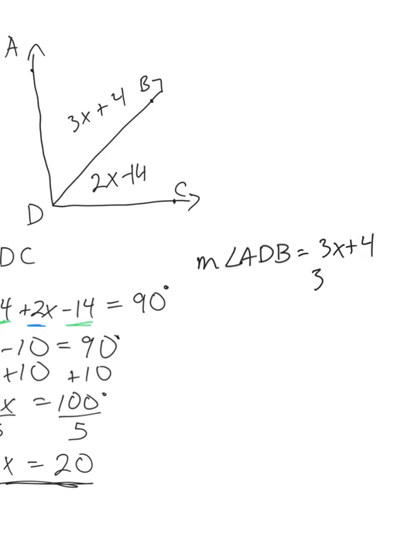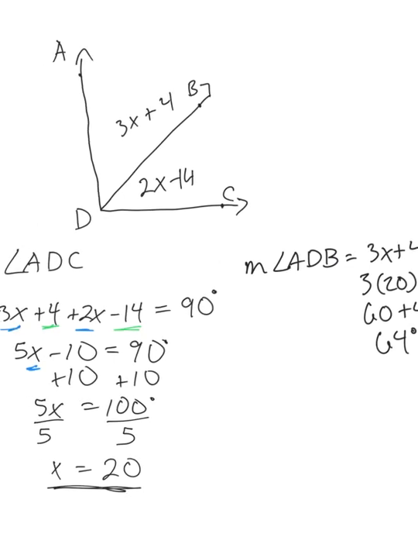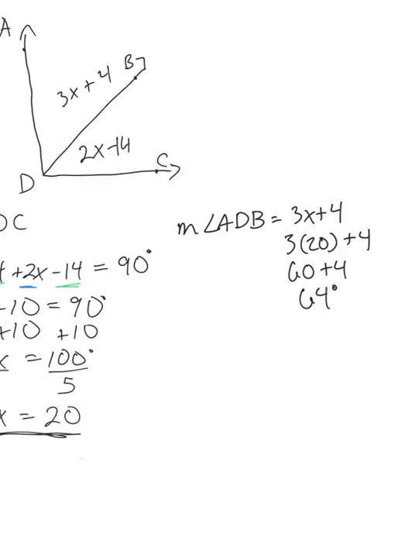Put in 20 there, so 3 times 20 is 60, plus 4. This is 64 degrees. And let's do measure angle BDC, which must equal 2x minus 14.